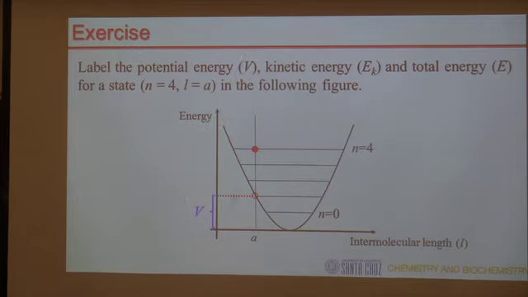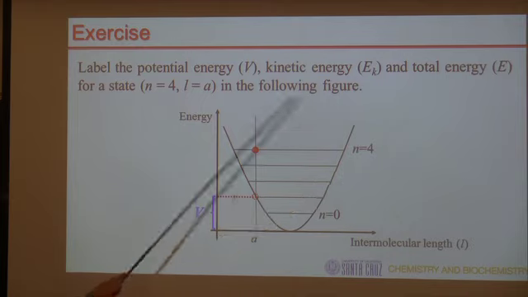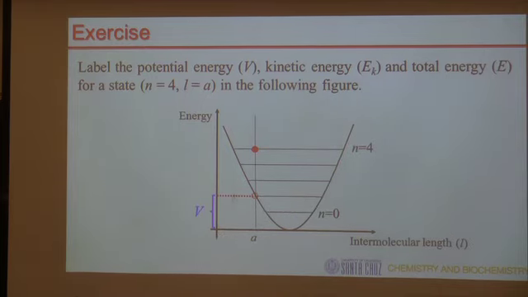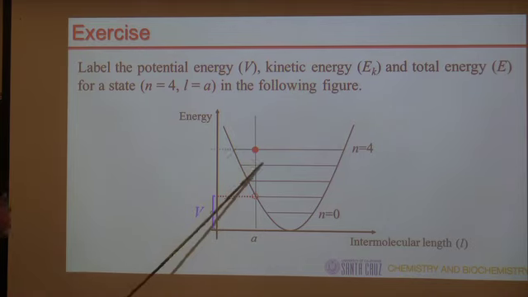The second easiest thing to identify is total energy. What do those lines represent? The energy levels, right? The energy levels based on the magnitude of total energy. So this one will give you the total energy.